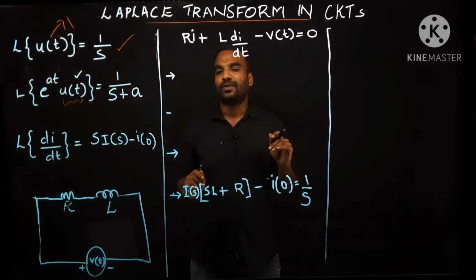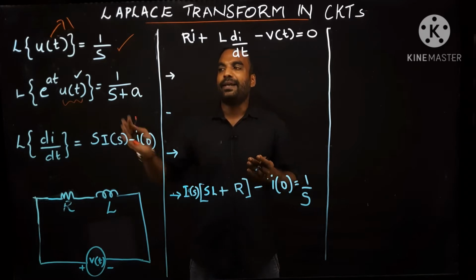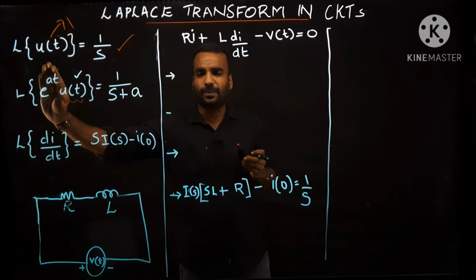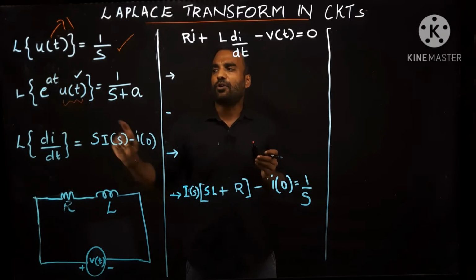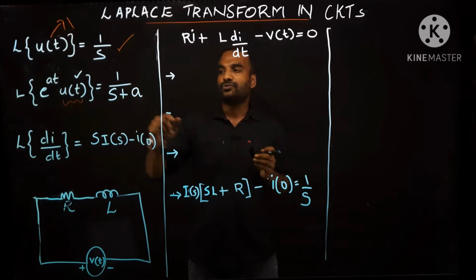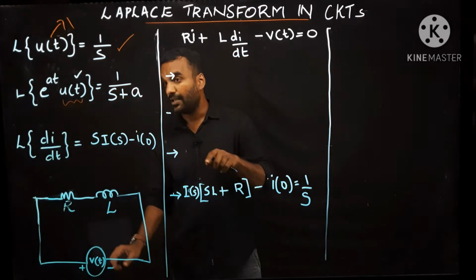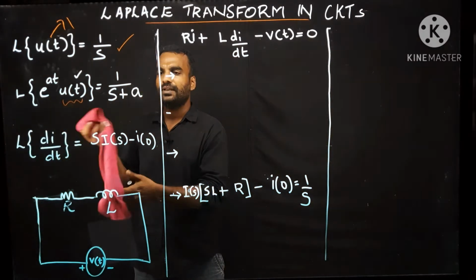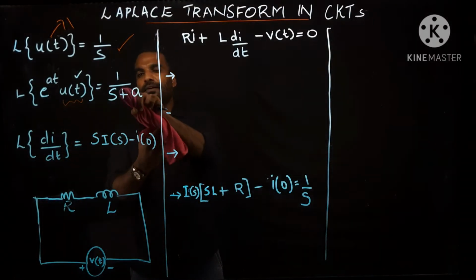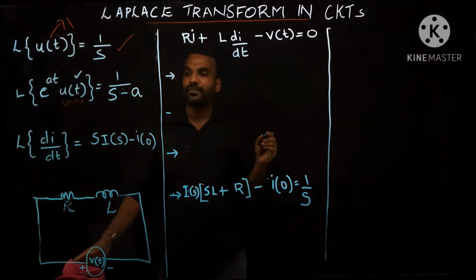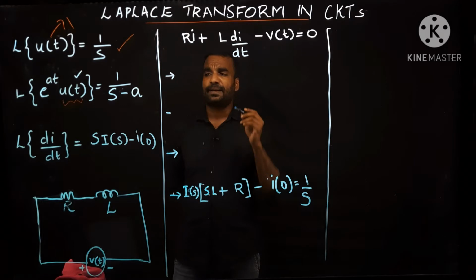That's why, by applying the shifting theorem, if the Laplace transform of u of t is 1 by s, the Laplace transform of e raised to at u of t is 1 by, sorry, I'm sorry. Actually, it is not 1 by s plus a, it is s minus a, I'm really sorry. 1 by s minus a.